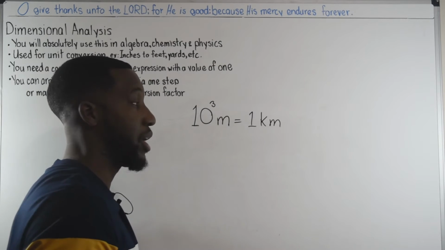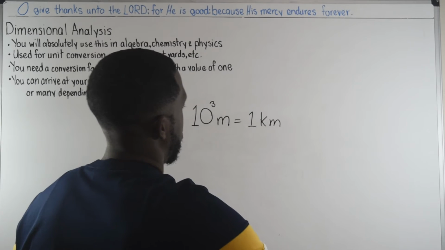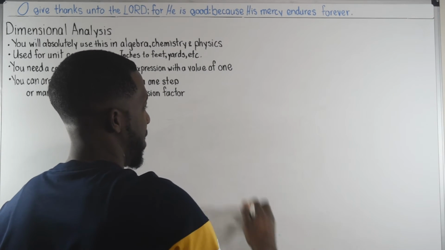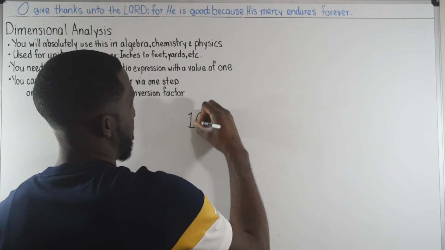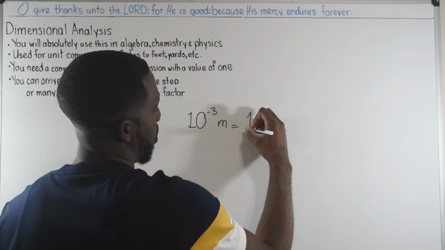Okay, 1 kilometer. This is 10 to the third, it's 1,000. All right. Or you'll have something like 10 to the negative 3 meters. That equals 1 millimeter.